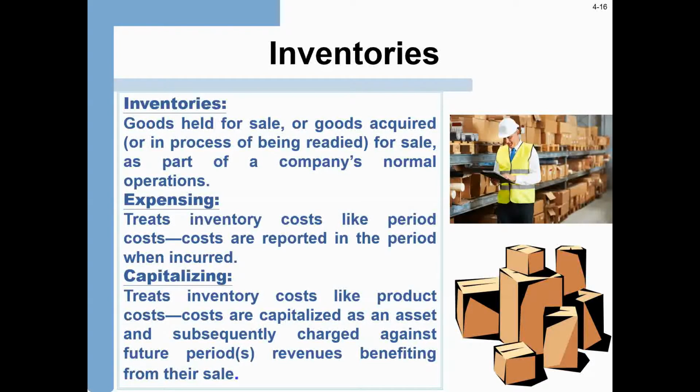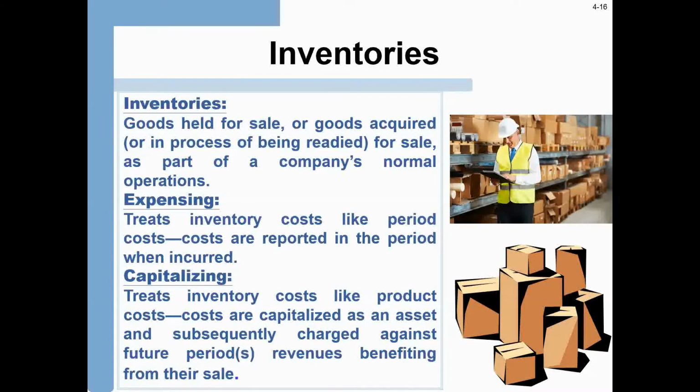You can see in front of you in this slide that inventories are goods held for sale or goods acquired or are in process of being readied for sale as part of the company's normal operations. These inventories are basically the goods which the company is going to sell.